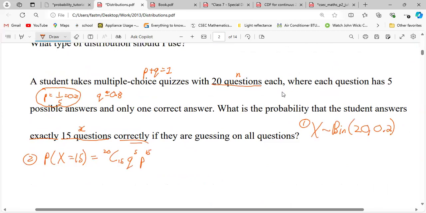I can plug in what q and p are: q was 0.8, and p was 0.2.